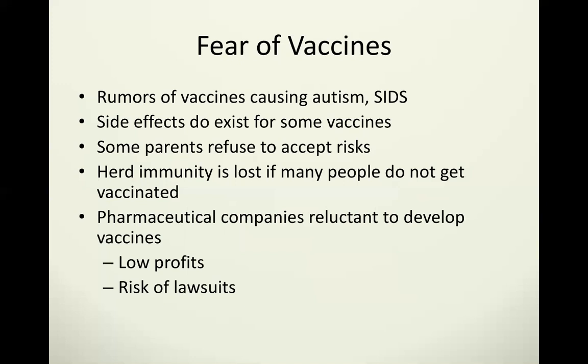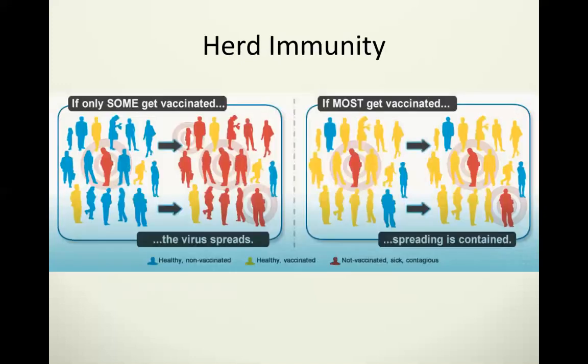One of the things that pharmaceutical companies sometimes have been reluctant to do is develop vaccines for low profits, and they've been worried about risk of lawsuits. But the reality is that sometimes in order to control diseases, you have to have minimal risk, and that's one of the things that public health officials often weigh. What are the risks compared to the benefits of controlling a disease?